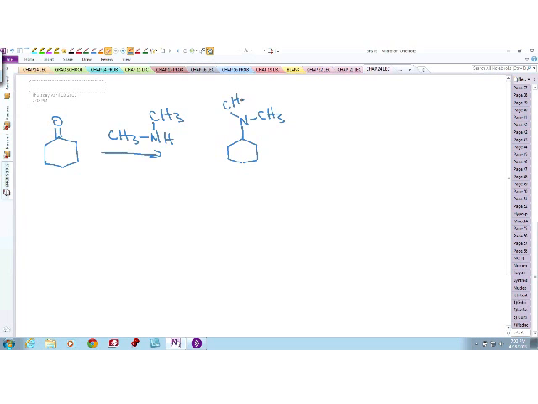If you recall when we did this earlier, let us make this ethyl. So we form an enamine.